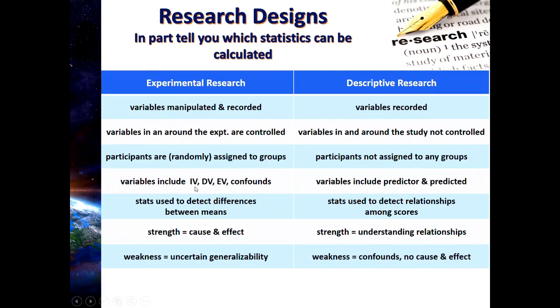All right, so we've defined independent variables, dependent variables, extraneous variables, and then we have confounds. And we spent quite a bit of time understanding how an extraneous variable could become a confound. And we discovered that an extraneous variable can become a confound, but only if it is systematically different between the groups.